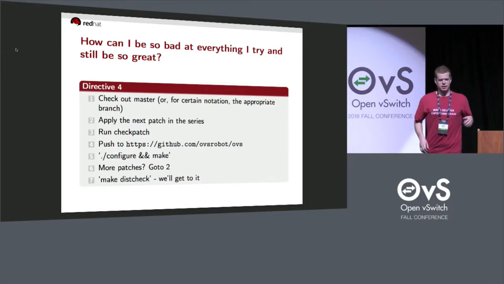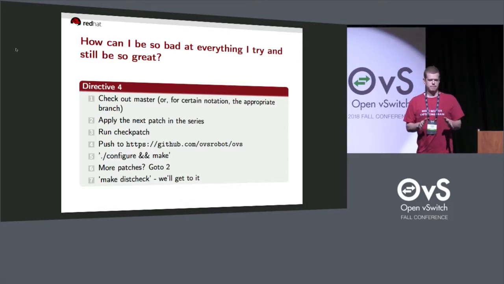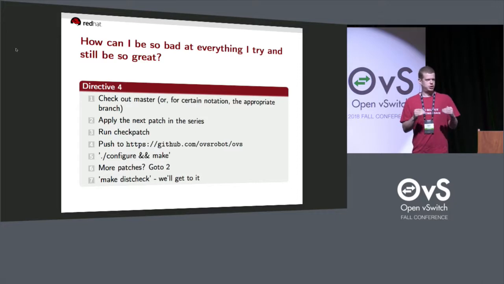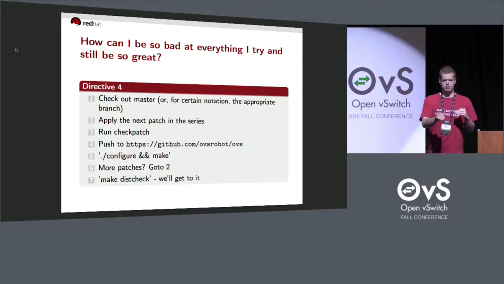These are the steps that the bot takes. For every single patch series that it discovers, it checks out the current master, applies the next patch in that series to the master branch that it checked out, runs checkpatch, pushes to the OVS robot GitHub, runs configure and make, and then checks if there are any more patches.